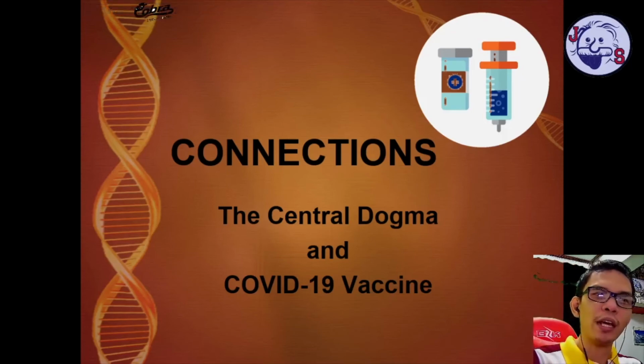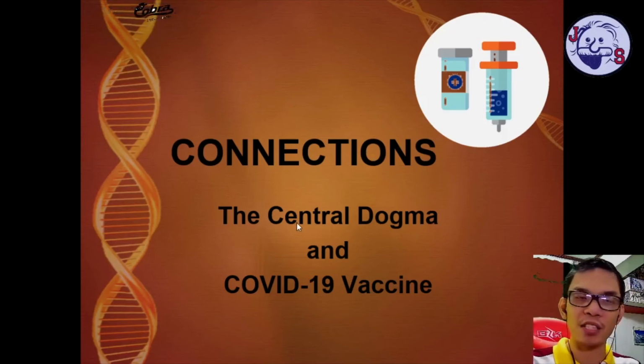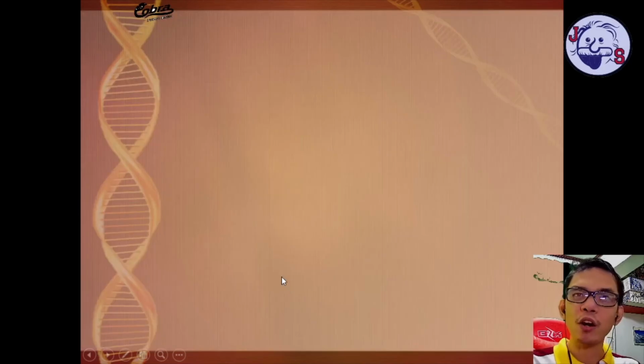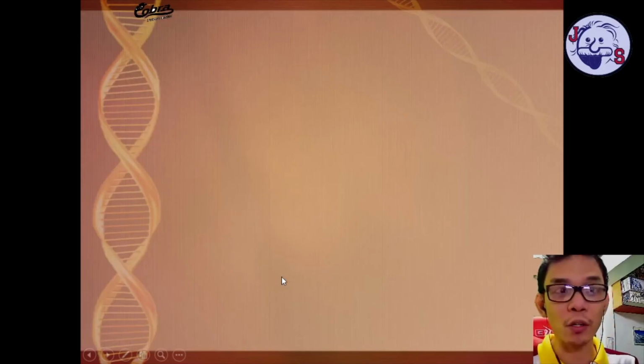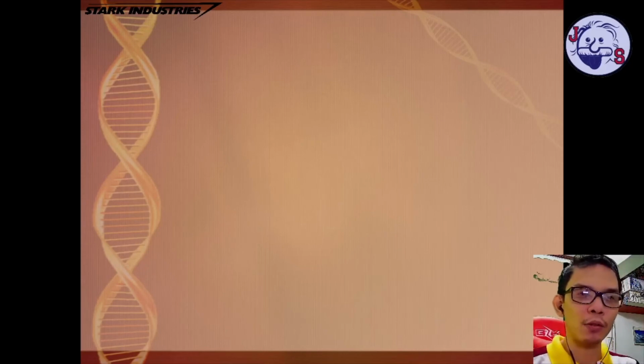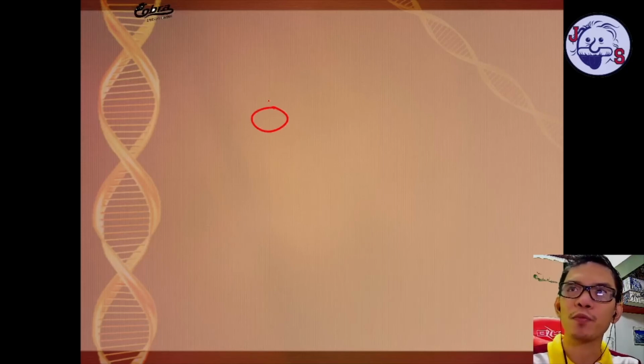In a COVID-19 vaccine, it contains parts of the virus or the virus itself, or an inactivated virus, in short. The goal of this vaccine is to create immunity ahead of time. If we take a look at the COVID virus, it is something like this.